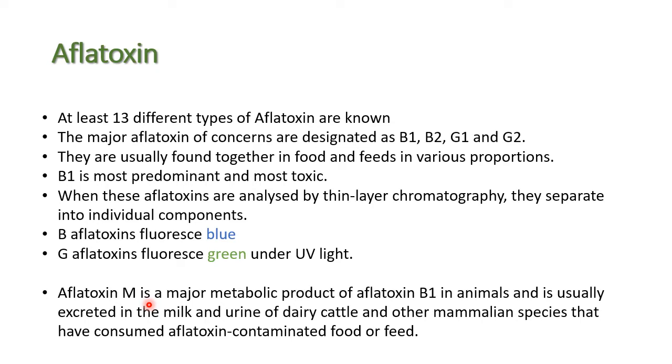Aflatoxin M is a major metabolic product of aflatoxin B1 in animals and is usually excreted in milk and urine of dairy cattle and other mammalian species that have consumed aflatoxin contaminated food or feed.